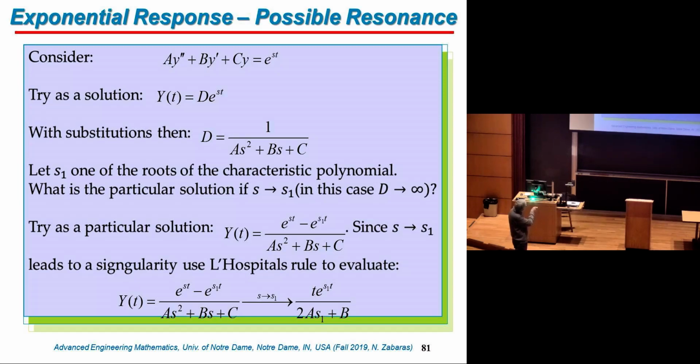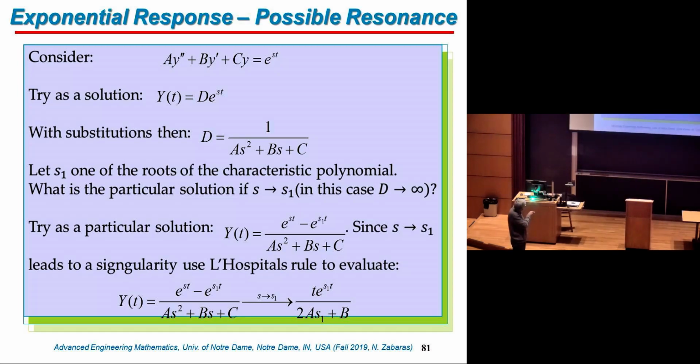This is what we have shown before. Now, the second term is a solution also. Why? It's a solution to what problem? E to the s1t is still a solution, but to what problem? I don't hear you. To the homogeneous problem, to the null problem. So e to the s1t is a solution to the null problem, so this is the correct solution.